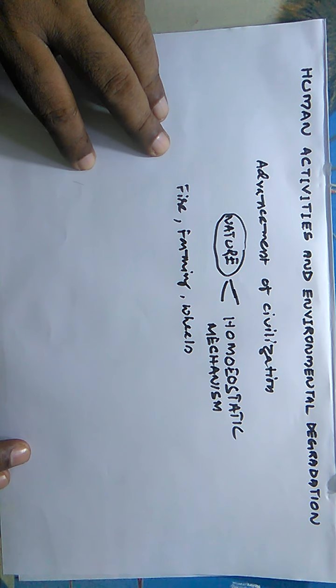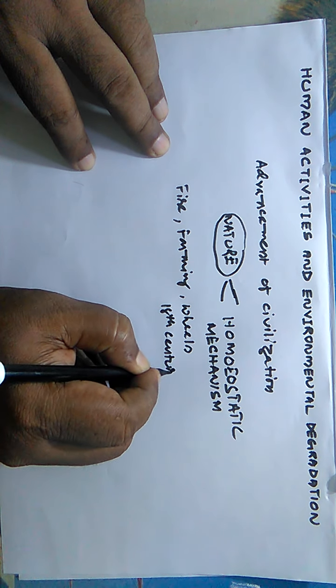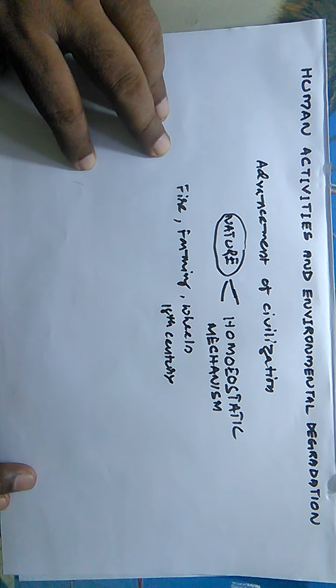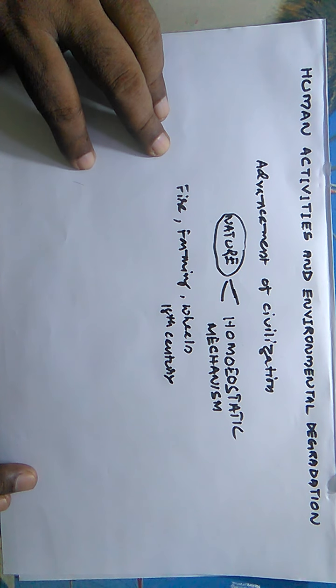In fact, the Industrial Revolution which took place in Europe during the 18th century not only helped in the progress of industry, science, medicine and technology, but it also resulted in the cutting down of forests, creation of land for settlements, agriculture and industries. Roads, factories and cities were developed.